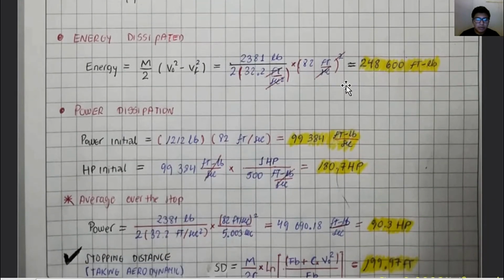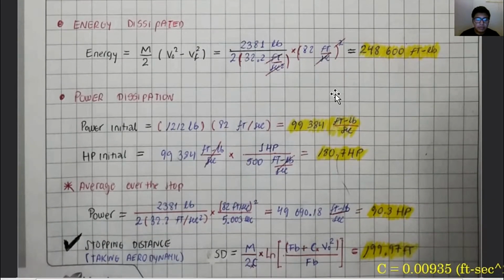Then I calculate the power dissipation. The initial power is the braking force times the initial velocity, which is 99,384 feet times pounds per second. Then I calculate the initial horsepower.